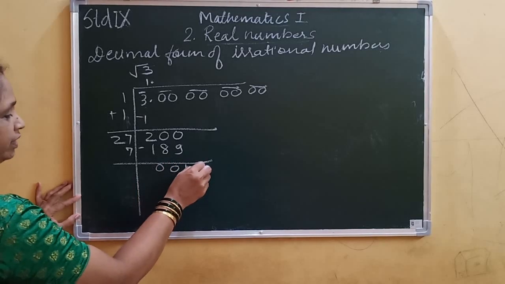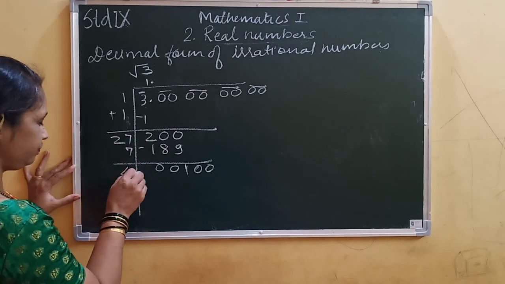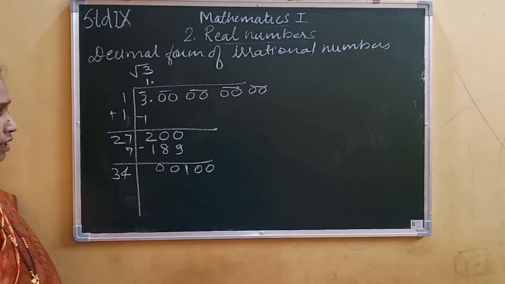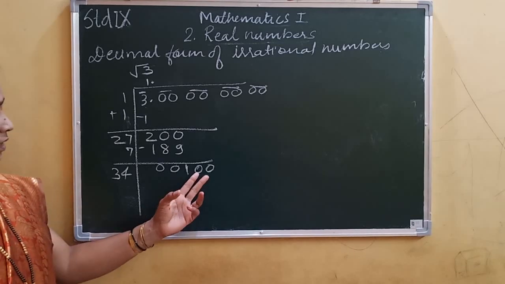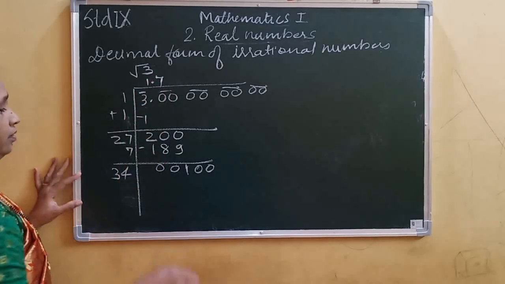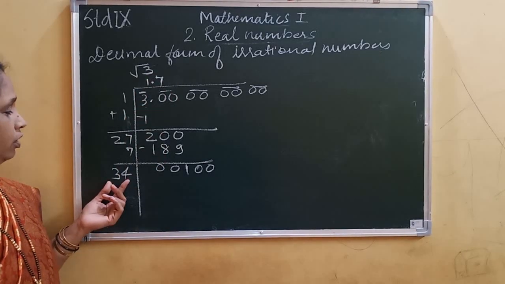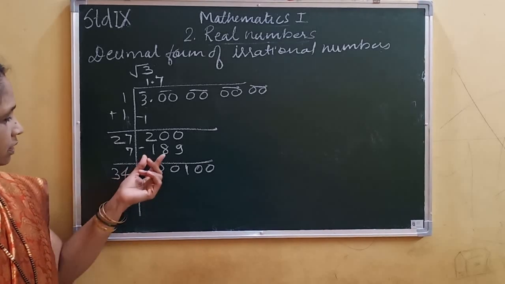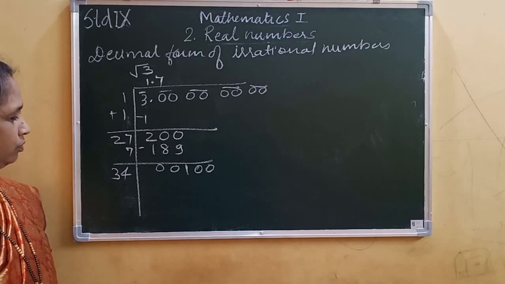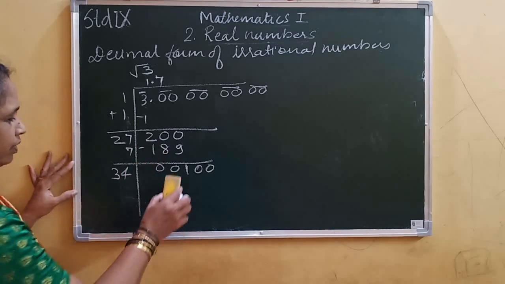Now again we can take 2 zeros. Now here we want 34. Okay, now 34. And here is 107. Okay, so this 1 and 2 more zeros we have taken down. 9 minus 8 is 1.